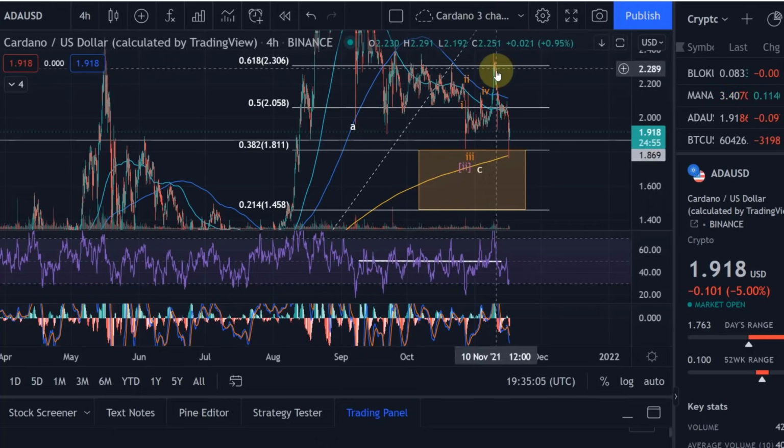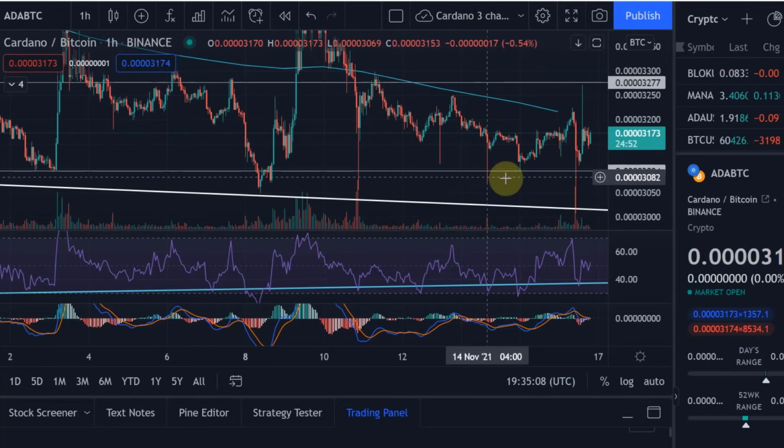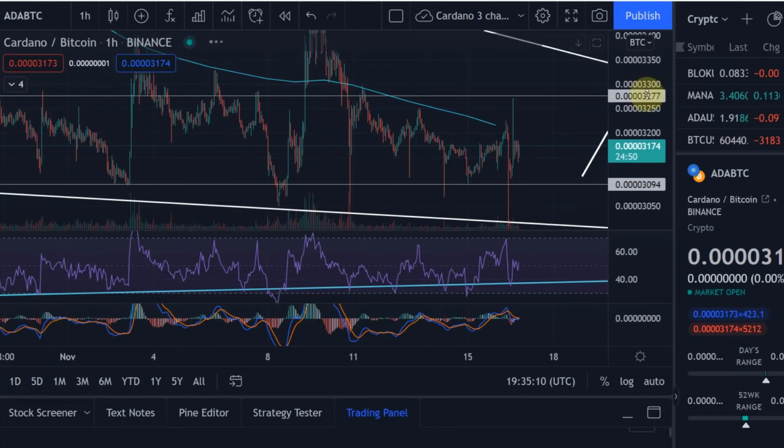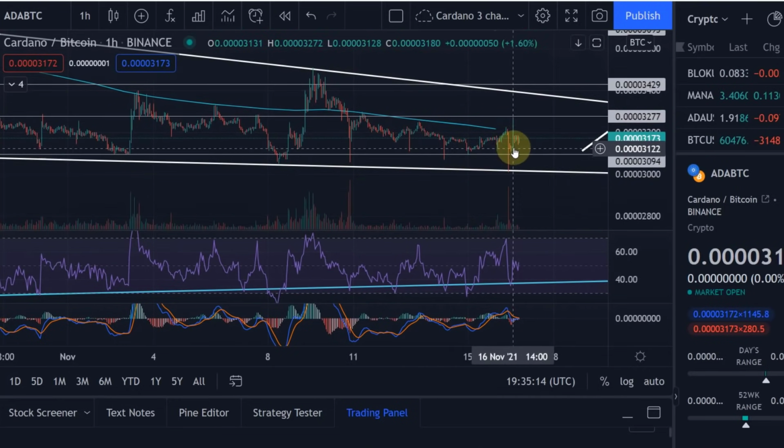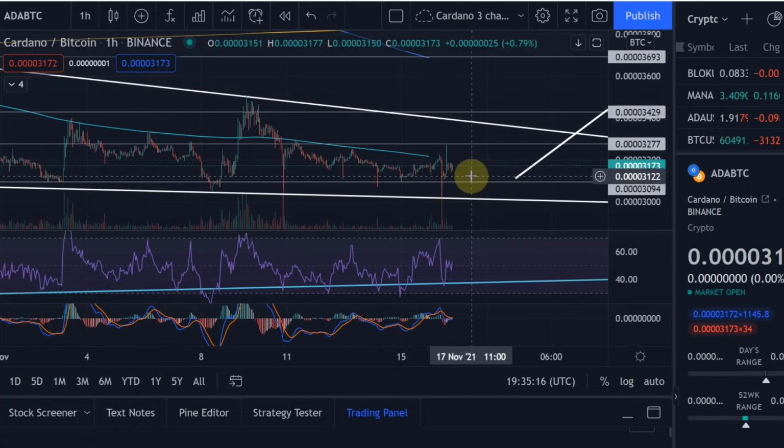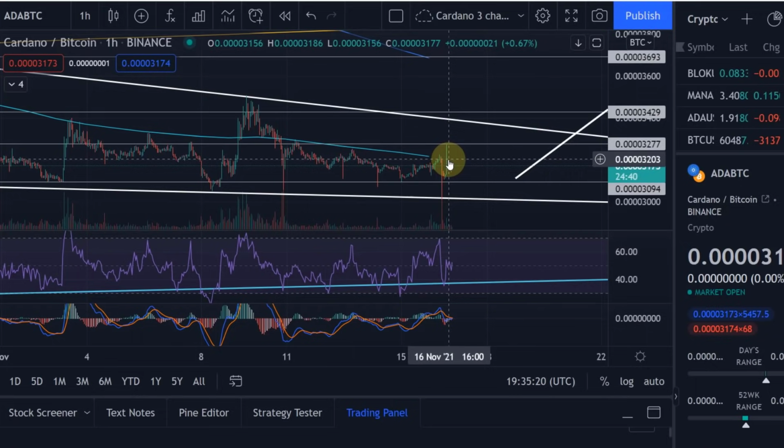That is what Cardano is telling me. And then ADA BTC also continues to be sort of in the horizontal. Now we're making slightly higher lows here as well, but it's too early to talk about a breakout. We attempted today a breakout above the 20-day moving average.